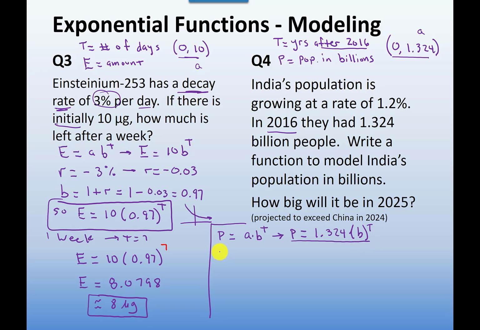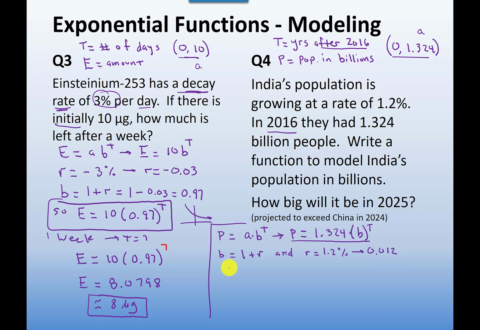But b, especially when we have percent growth or percent decay, has this formula: 1 plus r. And in this case, R is a growth rate of 1.2%. Now be careful here. When you change percent into its decimal value, divide by 100, and it's going to move the decimal twice. Sometimes people lose that 0 in front of the one-digit percents.